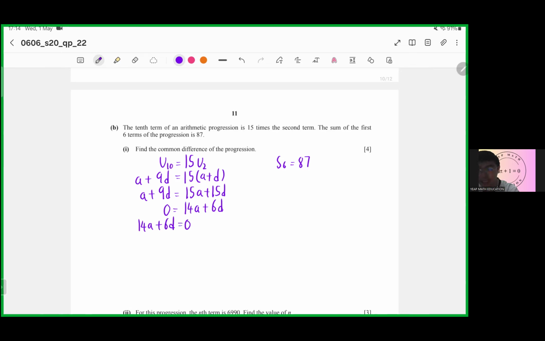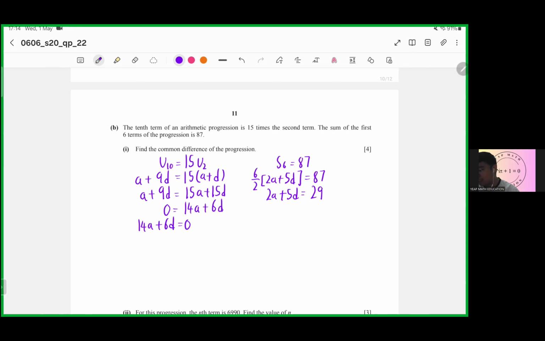Now we look at the second part. 6 over 2, 2a plus (6 minus 1) is 5d equals 87. So then 2a plus 5d equals 87 divided by 3, we get 29.